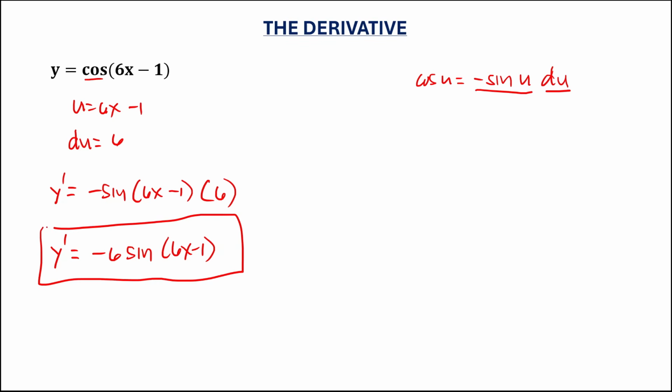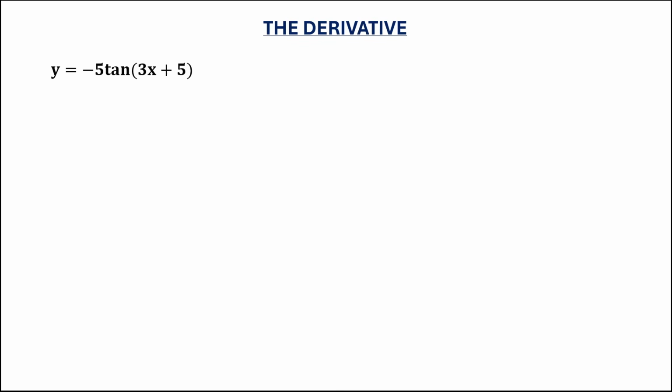Then for this problem, again, to evaluate the derivative, u equals 3x plus 5 and du, the derivative of 3x plus 5, is 3. To find the derivative, first always bring down the constant times the derivative of tangent.